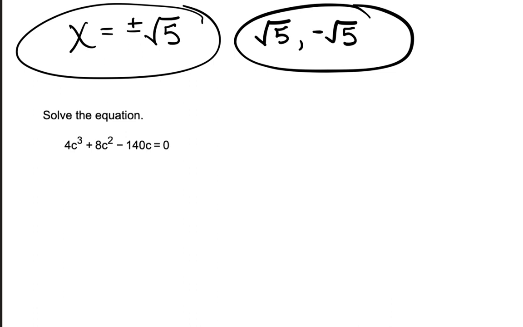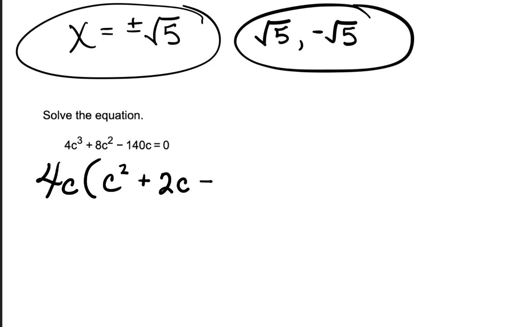Let's see. Let me think real quick. Can we take the 4 out? I think we can. So let's factor out a 4. Sorry, my pen, like I said, is not working that well. We can take a 4 and we can take a c. So when we factor out, we have c squared. Right? And we took a 4 out. You're dividing it out. So if you take a 4 out of 8, you get 2 and a c.